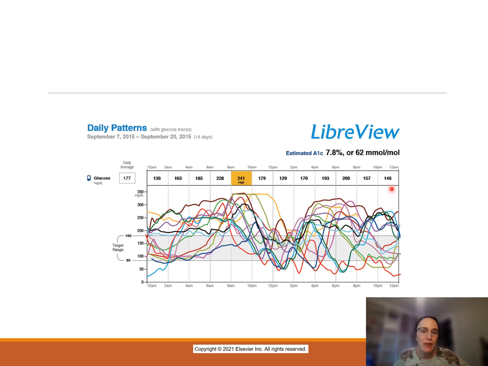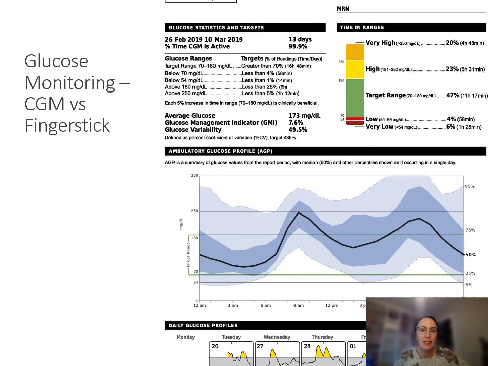What's interesting about this is it estimates the A1C to be 7.8%. If you're seeing this patient and you're thinking, oh my gosh, their A1C is 7.8%, that's not too bad, you have no idea that they're having all this hypoglycemia, because an A1C is an average. So if they're low half the time, their blood sugar might look good. And this is really what's beneficial when you're seeing a CGM.